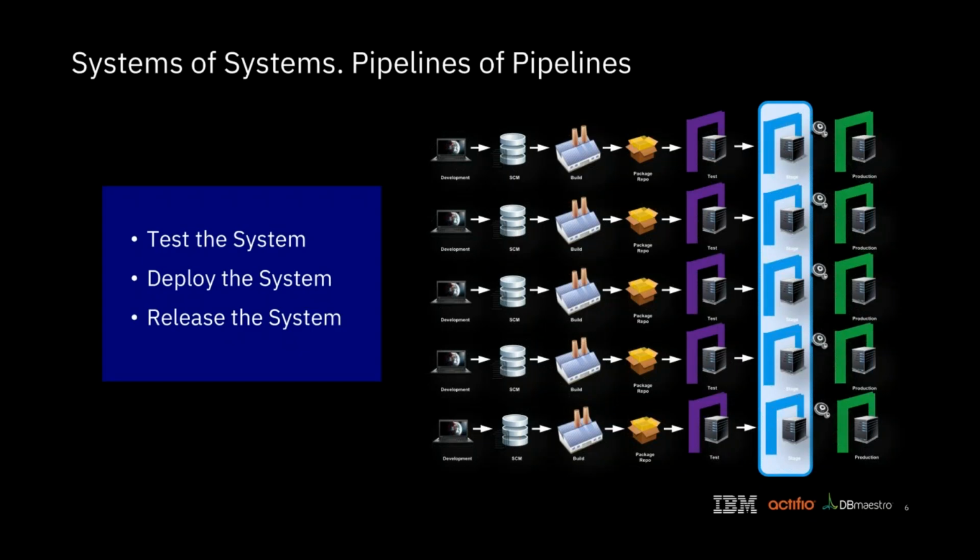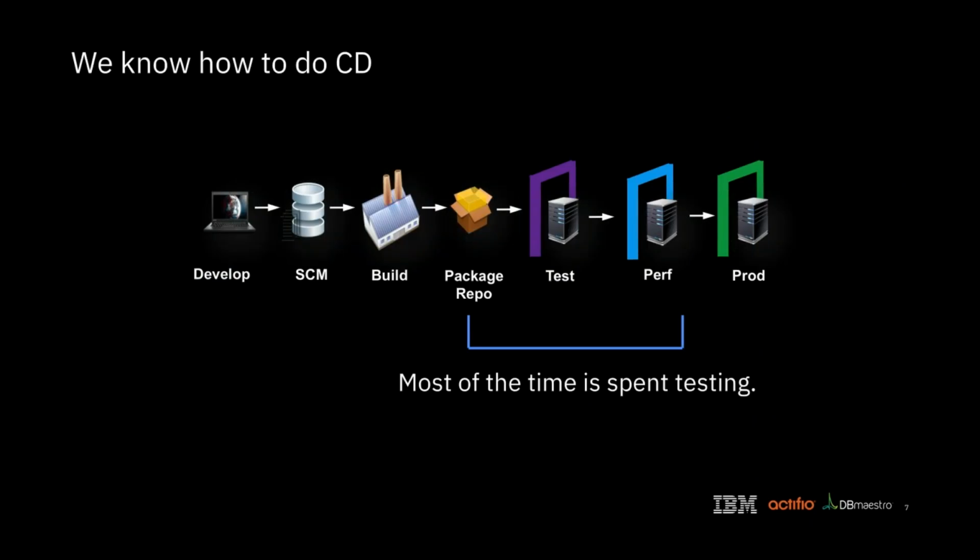Now, I would observe that the other reason that we tend to struggle with continuous delivery is that we spend most of our time in this pipeline not building and deploying things, but testing things. And I think as an industry, we've done a relatively poor job of automating all of our testing.